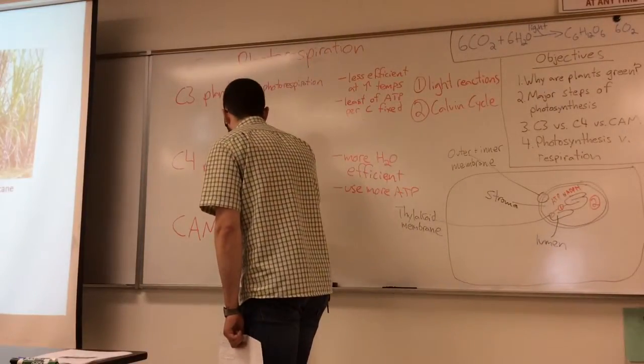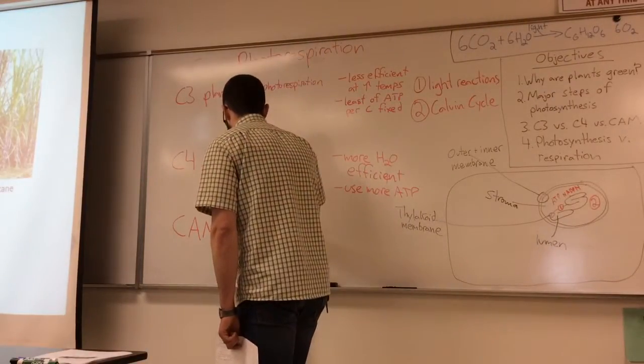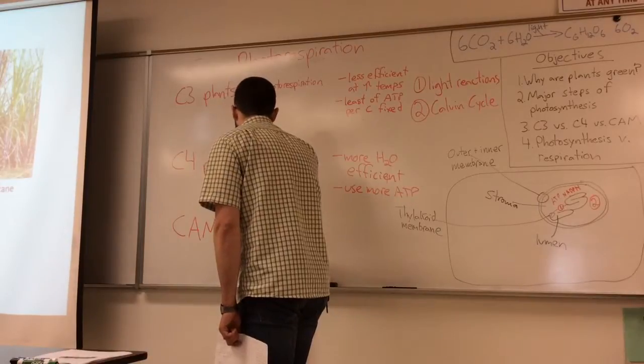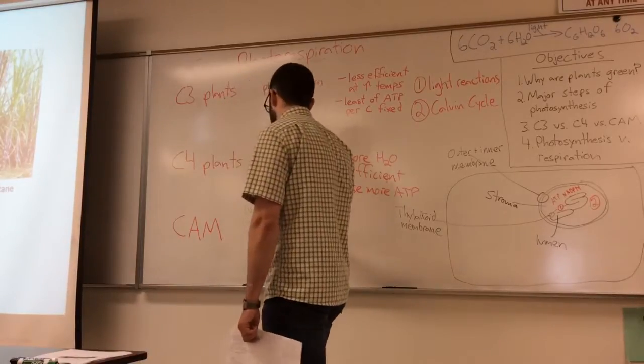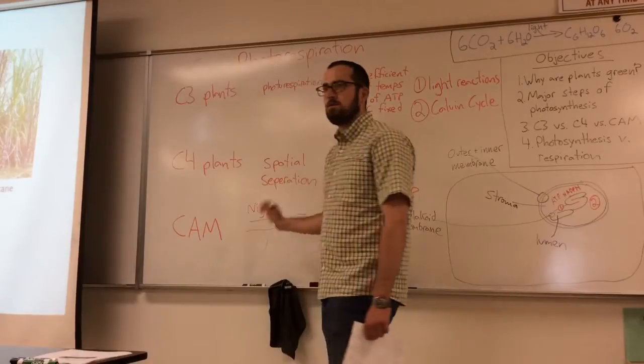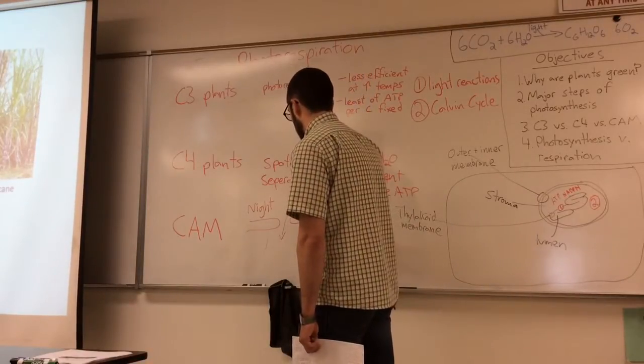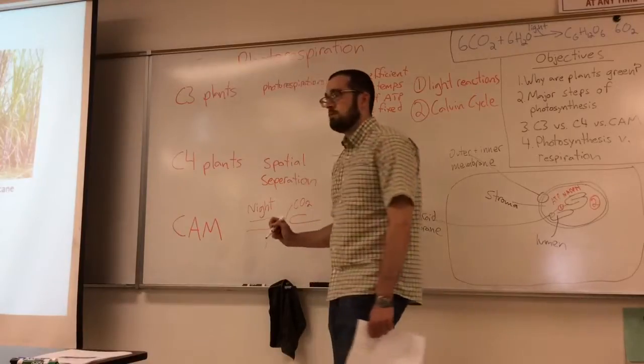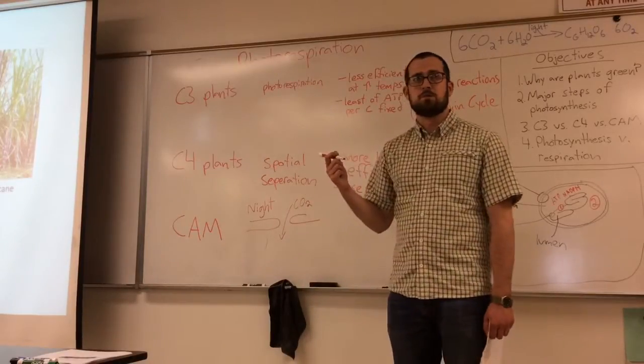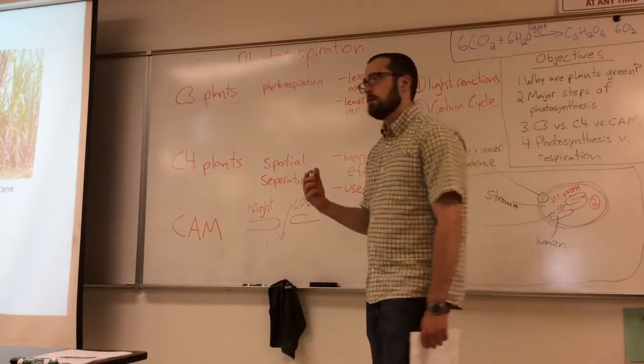So in CAM, at nighttime, we will open up the stomata, and carbon dioxide will come in. And then it's going to be fixed in a pretty similar way to the C4 plants.